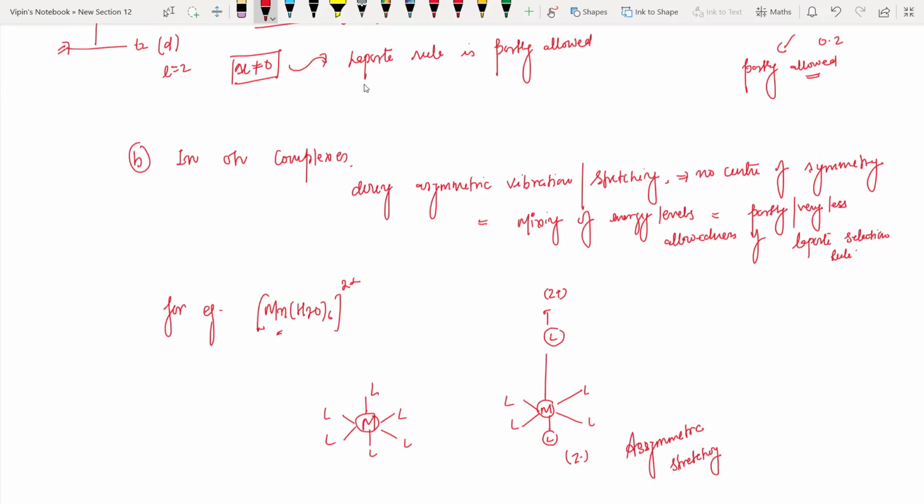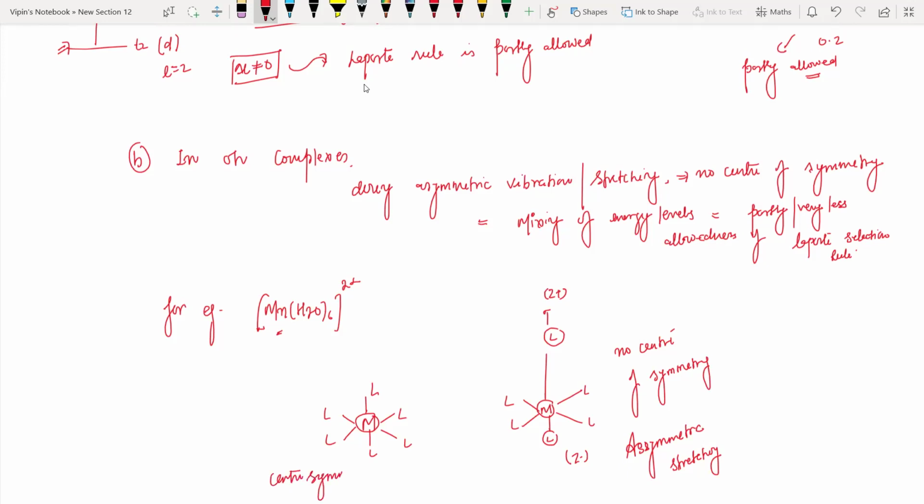So in this situation, there is no center of symmetry, and because of this, there is some mixing of atomic orbitals or mixing of energy levels. Otherwise it is a centrosymmetric system.